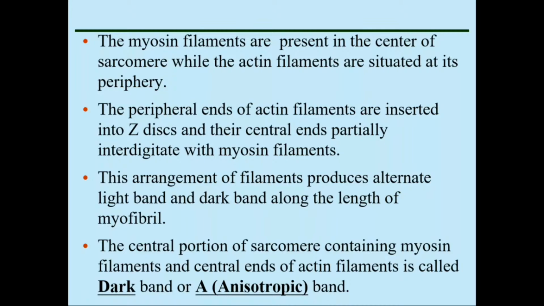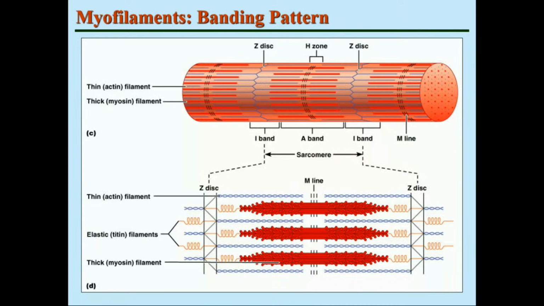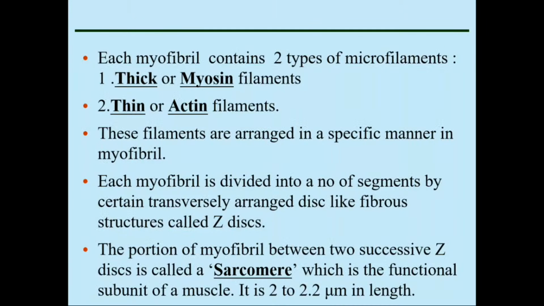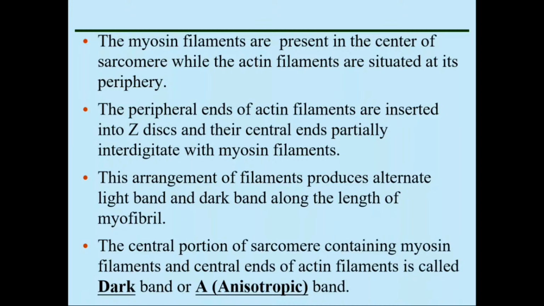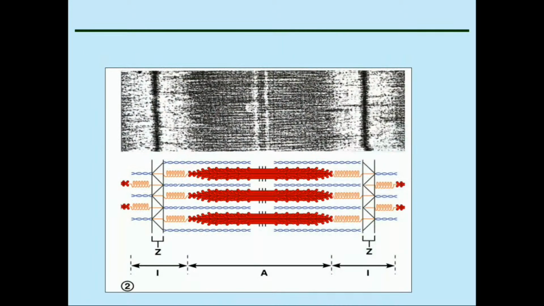The myosin filaments are present in the center of the sarcomere, while the actin filaments or the thin filaments are situated at its periphery.